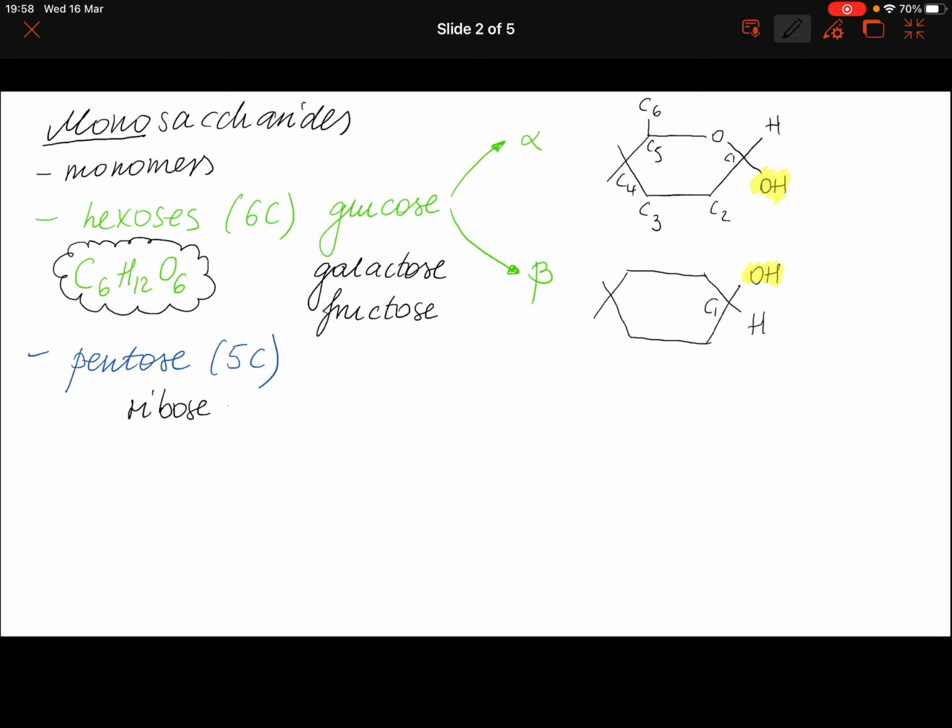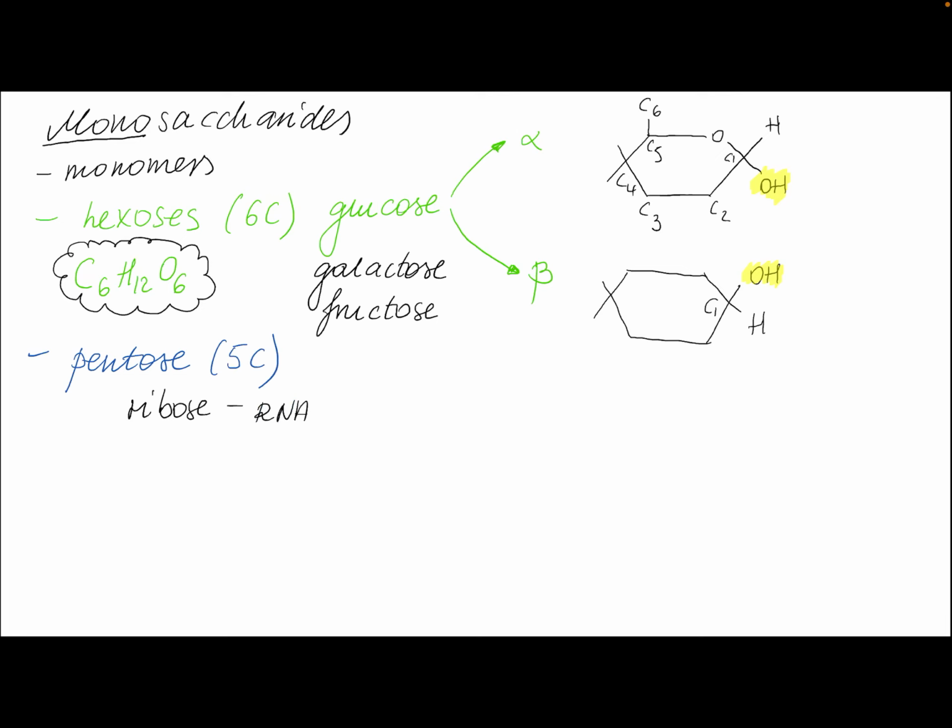We've got ribose, which you can find in the RNA nucleotide, and we've got deoxyribose, which you can find in a DNA nucleotide. So briefly, those are examples of the monosaccharides, which obviously are monomers. They can join together through the condensation reaction to form larger molecules.